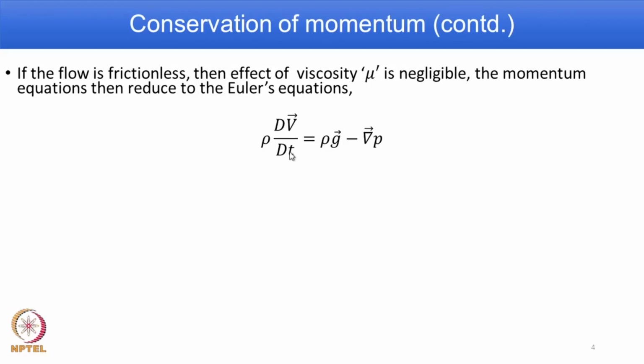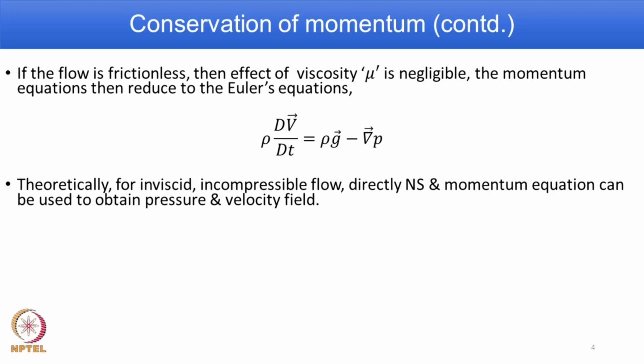So, left hand side remains the same, d by dt total derivative of the velocity. There is one term that is removed because the viscous effect is not considered. The external force term and pressure term remains the same. So, this equation is derived or deduced by scientist Euler, hence the name is given as Euler equation.